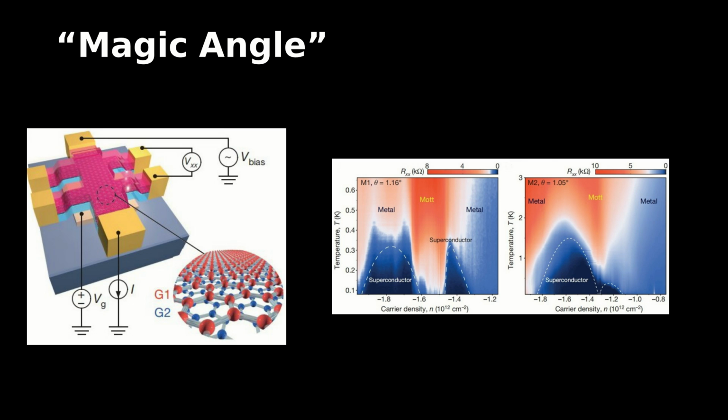Resistance is shown with color difference in the diagram, with the x-axis as the carrier density and the y-axis as the temperature. The left one, labeled M1 here, is the testing material with a twisted angle of 1.16 degrees, and the right one is labeled M2. It has a twisted angle of 1.05 degrees.